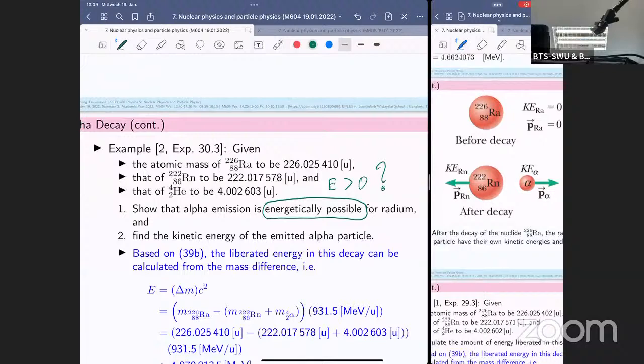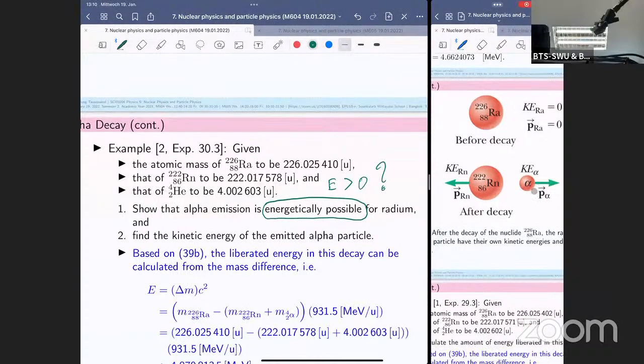The particle that we pay attention to, right? And yes, you may need to worry about that. They want to know the kinetic energy. Of course, you know the mass of that one.